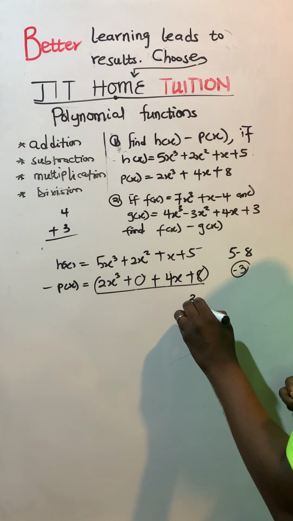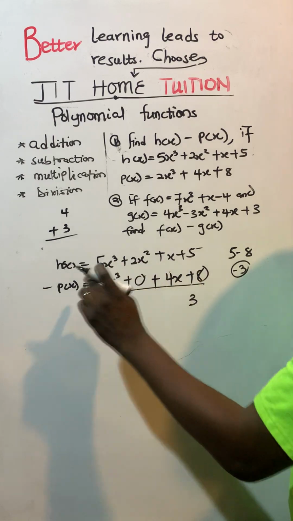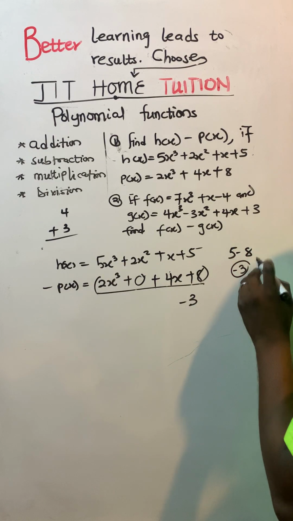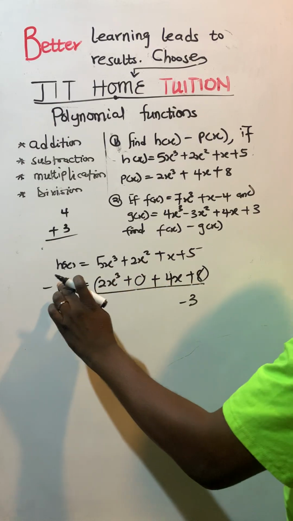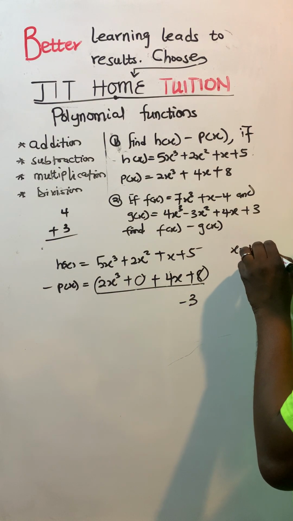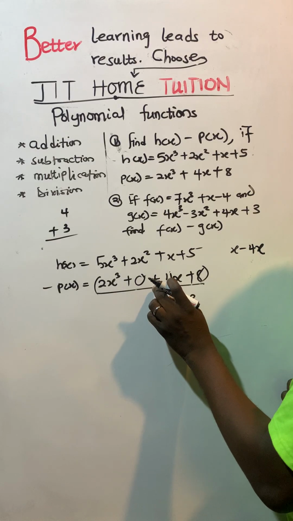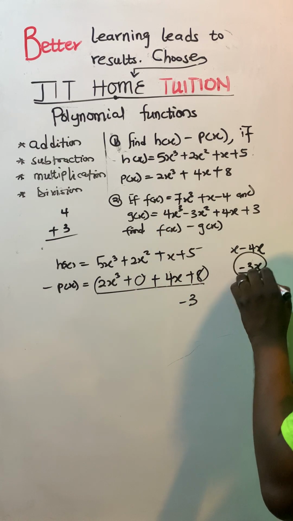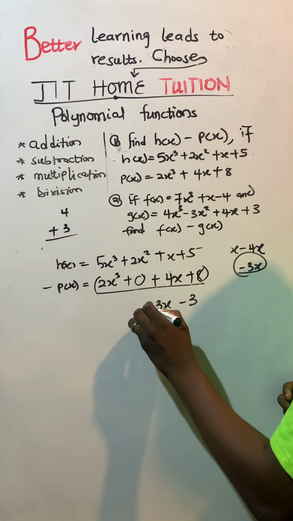Negative 3. All right, so even though it's positive over here, the negative is affecting and giving you negative 3. Kindly have that in mind. Now the negative is also affecting this one, so you have x minus 4x. So even though here is positive, all right, it is affecting. So you have neg 3x.